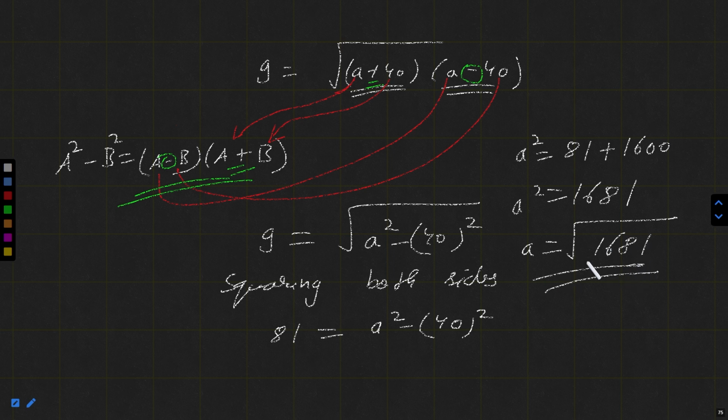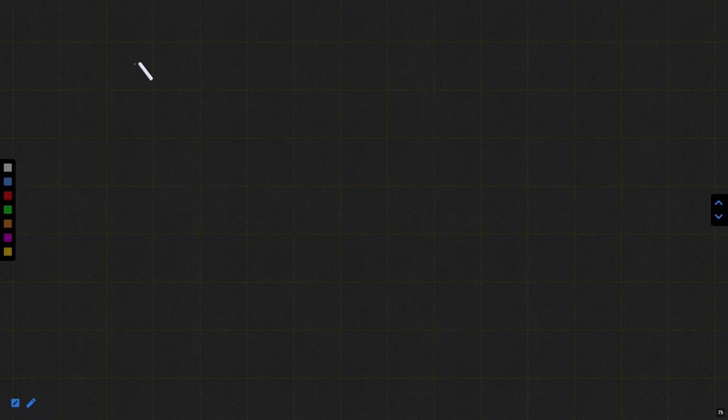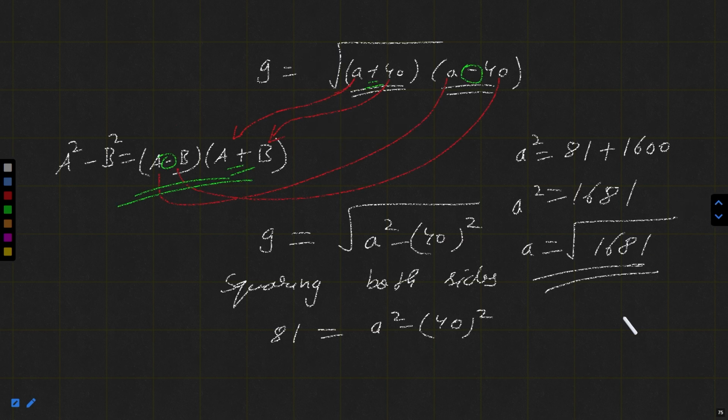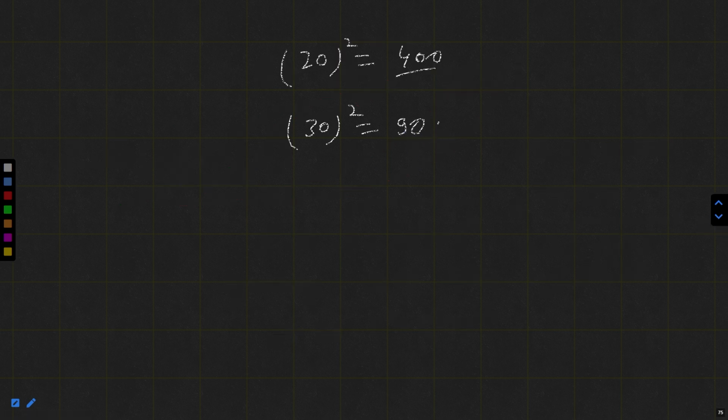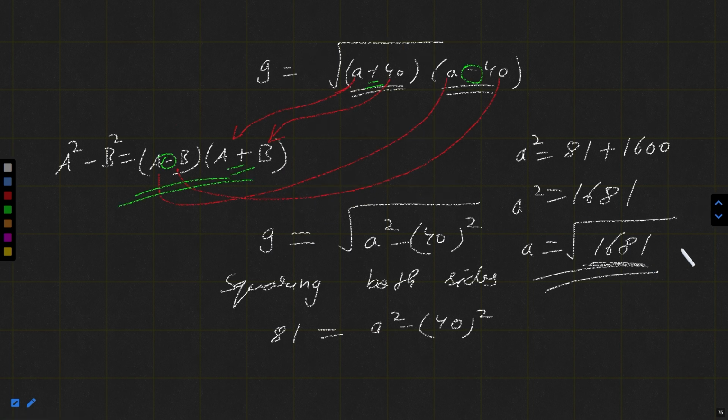What will this root be? 20 square is 400, and 30 square is 900, but we need something like 1681, and we are just at 900. 40 square is 1600, so we are reaching near this point.